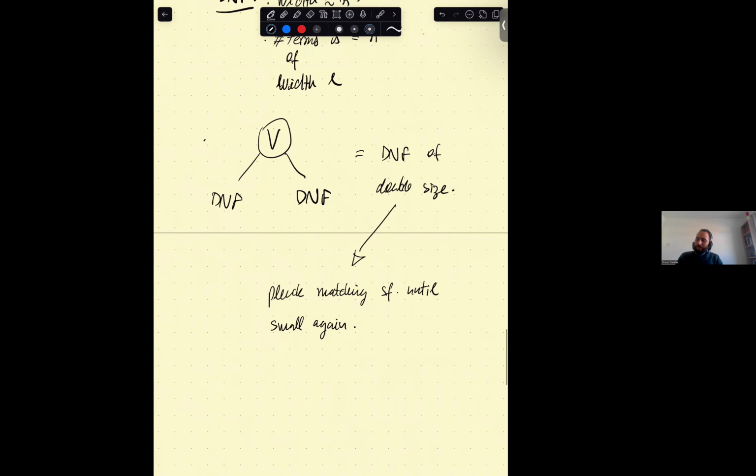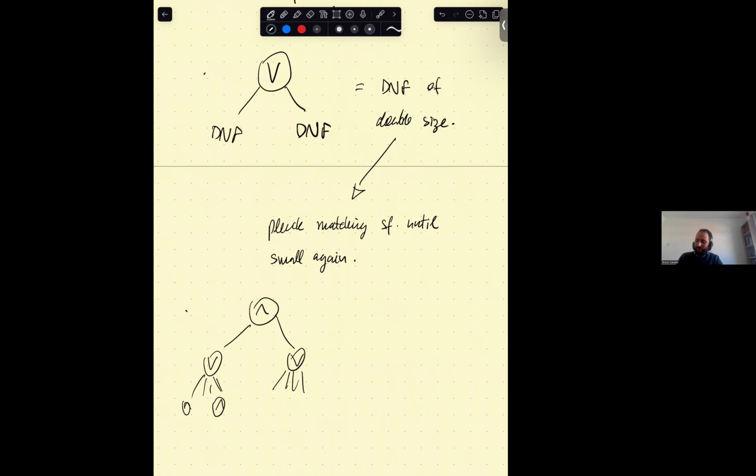But it can happen that you also have an AND, and then if you have this DNF, which is an OR of ANDs, you're going to get at the end a big DNF with terms of doubled width.